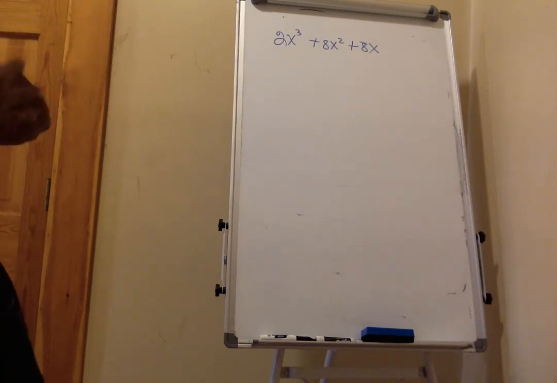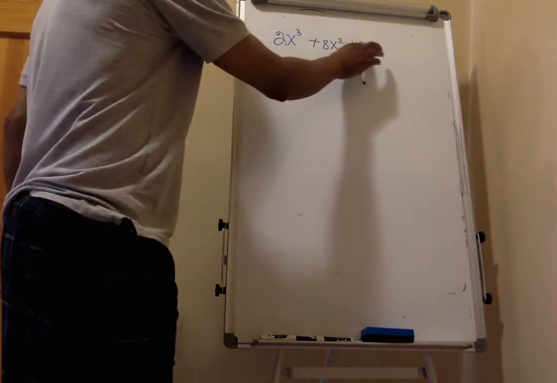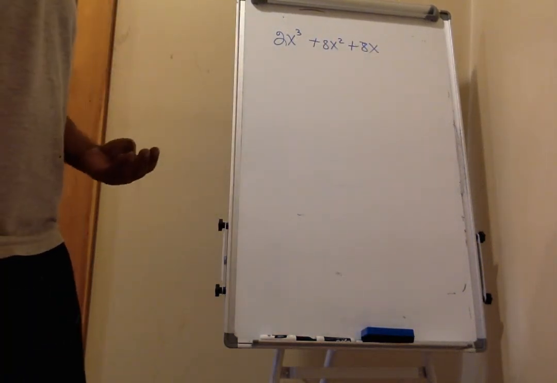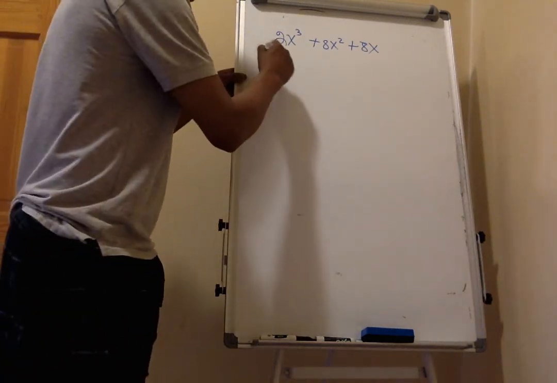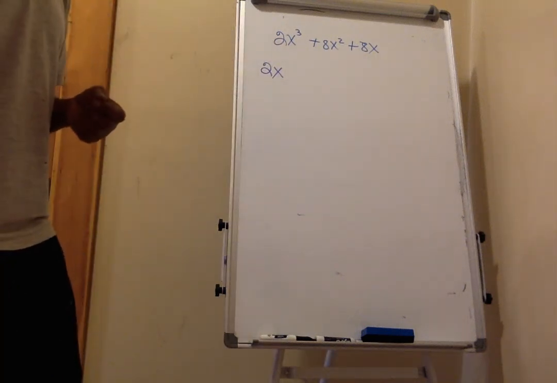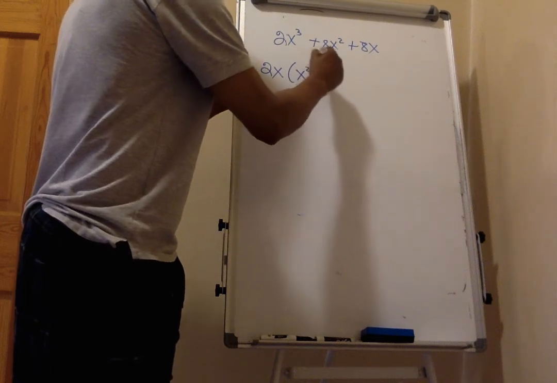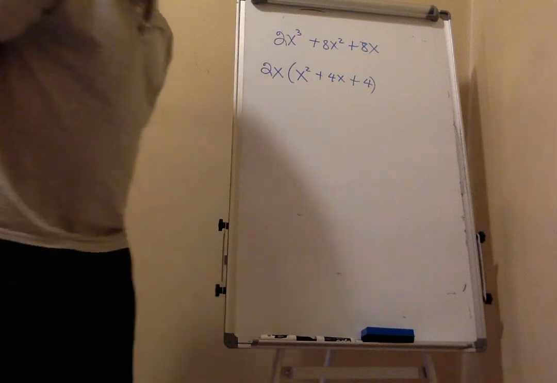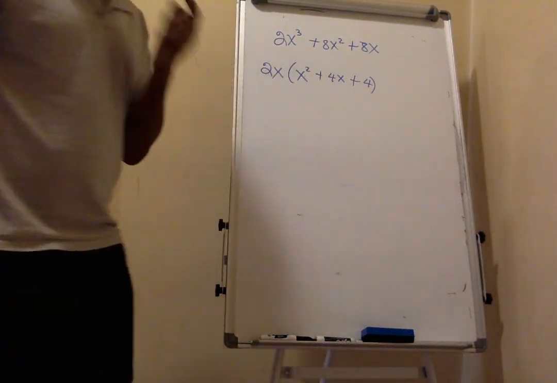So the first thing that we need to do is look, x is everywhere. So I can automatically look for the greatest common factor. If you can see this, it is 2x. 2 is the greatest common factor for the numbers, and x is for the variable. And then you end up with x squared plus 4x plus 4. Look at this x squared plus 4x plus 4.